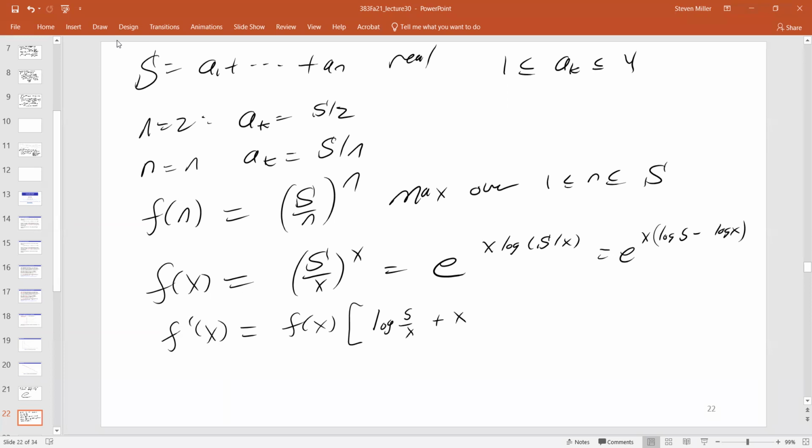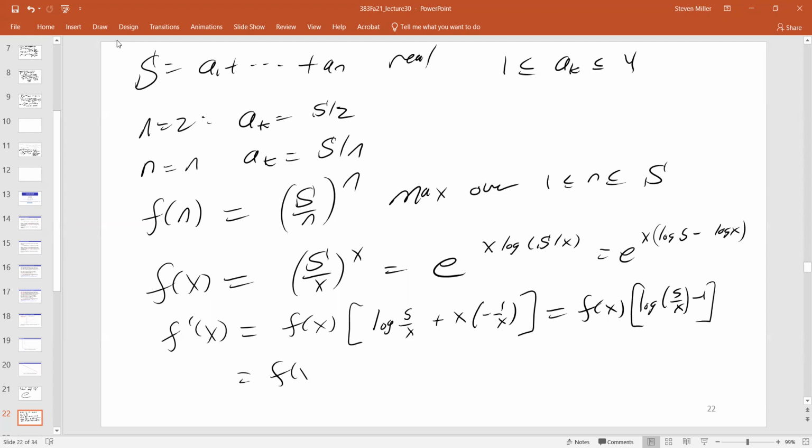The log of s is a constant, so its derivative is 0. The derivative of the log of 1 over x is negative 1 over x. So it should just be f of x times the log of s over x minus 1.